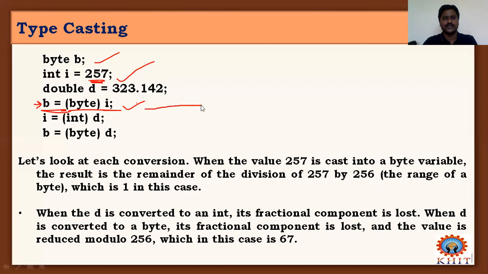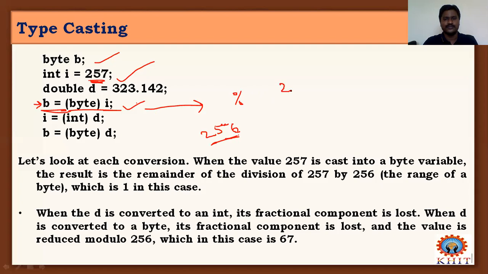Okay, let me explain what actually happened here. It performs a modulus operation between these two values. The range of a byte is minus 128 to plus 127 including 0, so the total range size is 256.